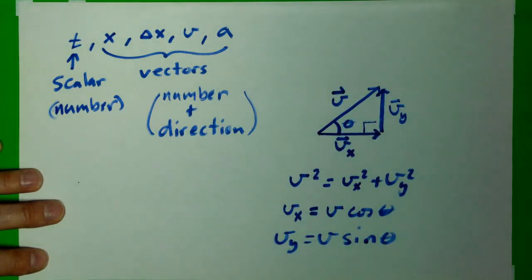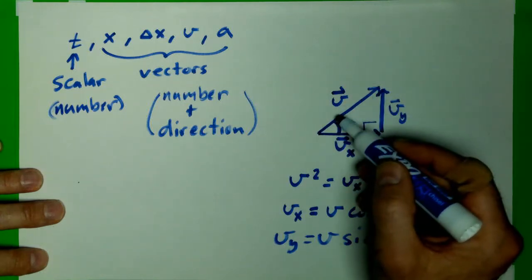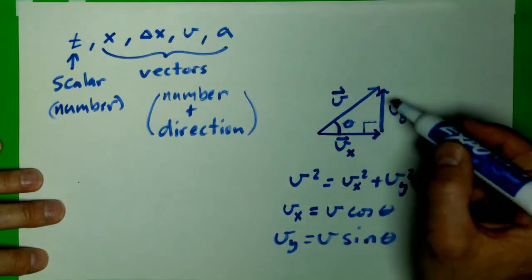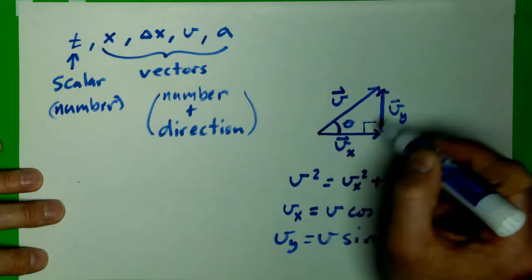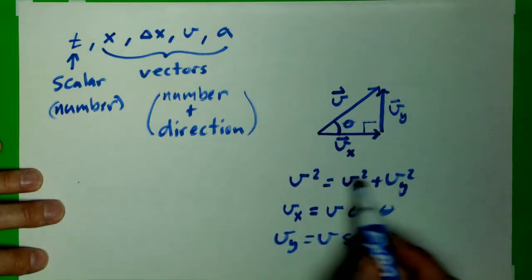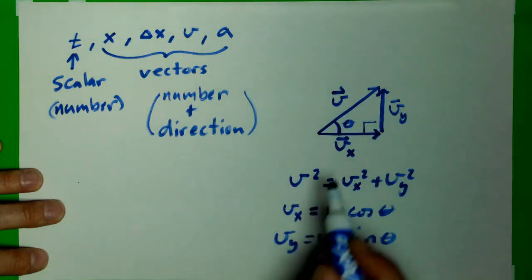And so I can relate the magnitude of the total velocity vector to its components in the x and y direction, either through the sum of the squares or through trigonometry knowing some angle.